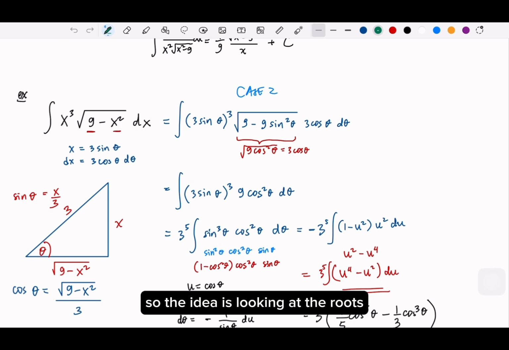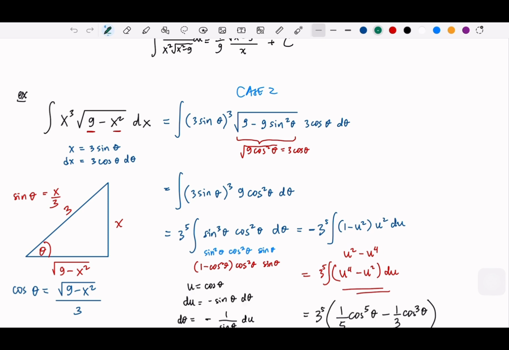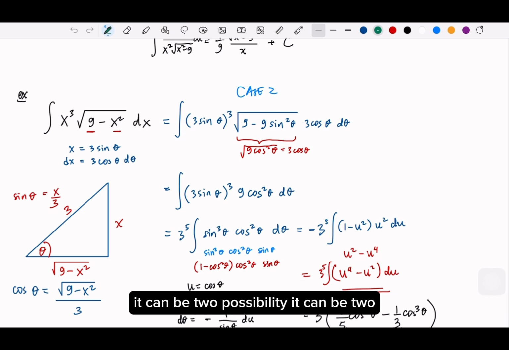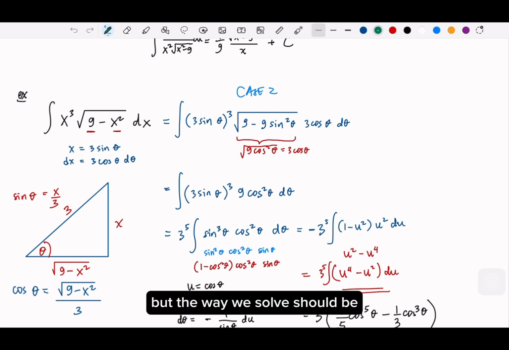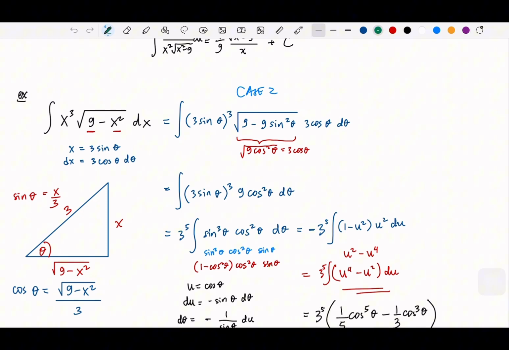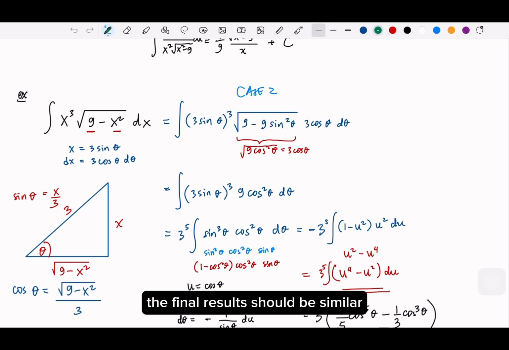So the idea is looking at the root. This is a constant minus something. It can be two possibilities, but the final result should be similar.